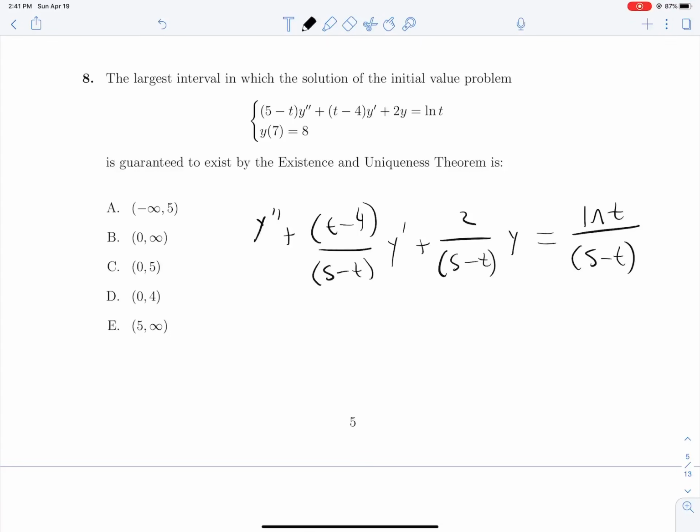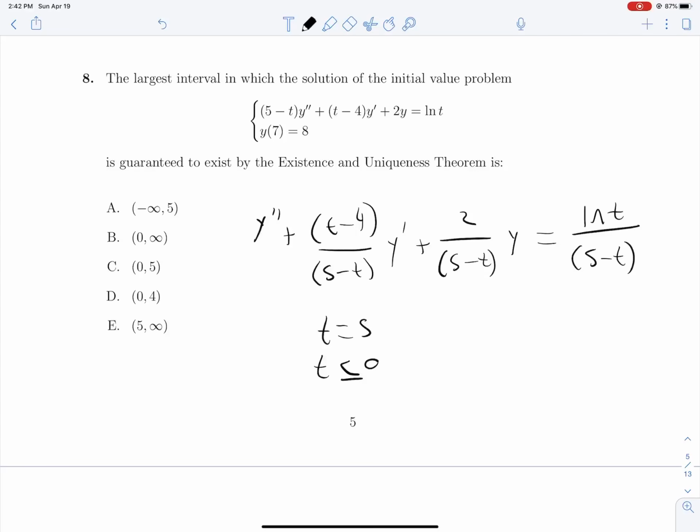The discontinuities that we have for any of these expressions, so anything connected to y prime, y, or the constant on the right side, are for t equal to 5 and t less than or equal to 0, because our ln t on the right side will be undefined there.